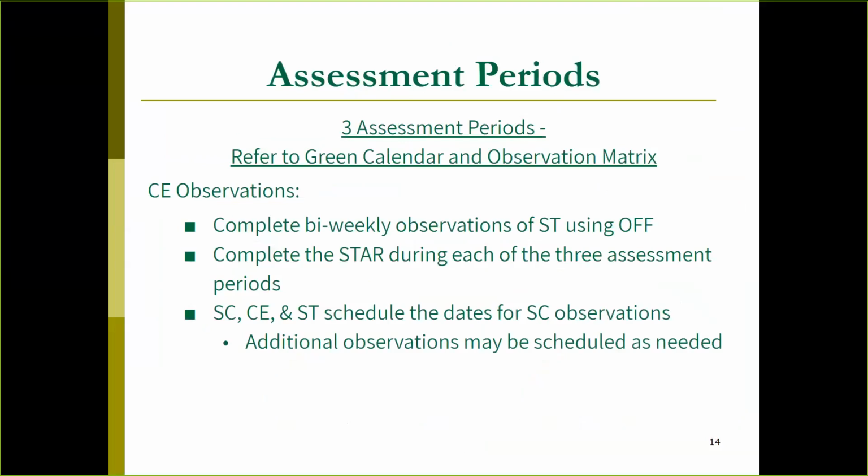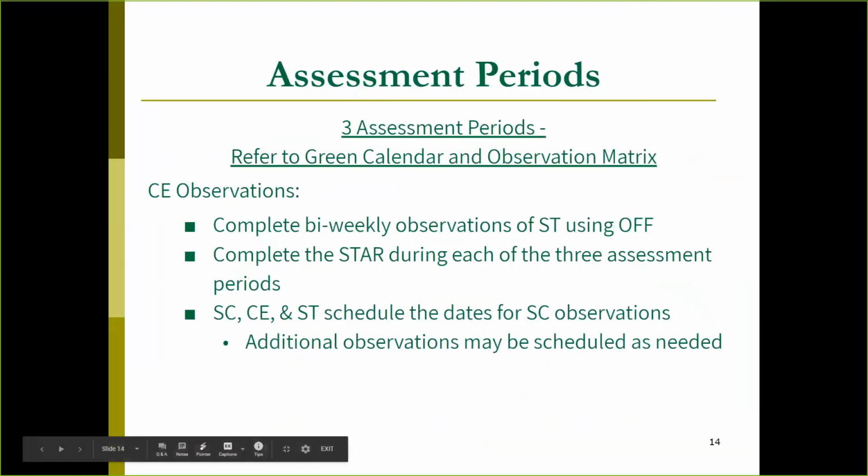But generally speaking, as the CE, once your student teacher has started to assume instructional responsibilities, you will complete the observation feedback form, which we'll talk about in a few slides. You will do that at least twice per month. So you will identify a date that you will set with the student teacher, and you will do at least 2 formal observations of your student teacher using the OFS twice per month.